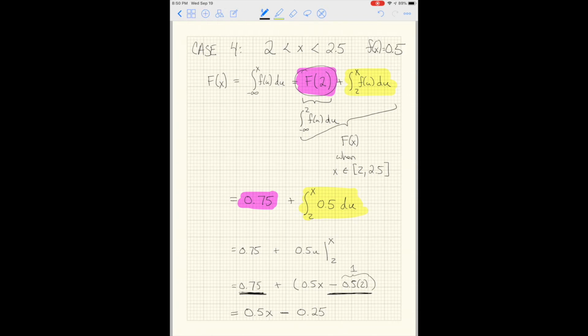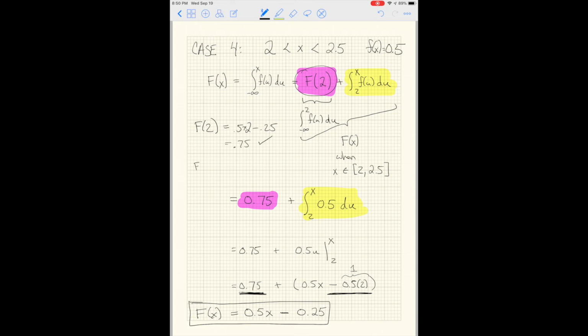All right, and so this is what we're claiming is F of x in this region. If we just want to do a spot check, it should be the case that if we plug 2 into this new expression, I should get the same 0.75 out. If I plug 2 into this, I get 0.5 times 2 minus 0.25. Well, that equals 0.75. So that's what I wanted.